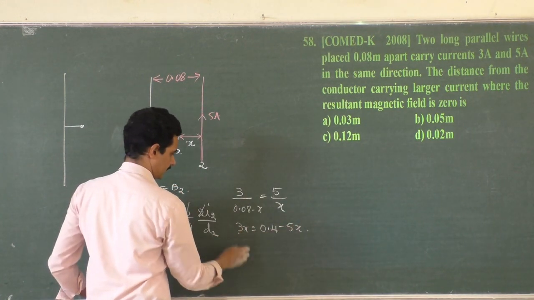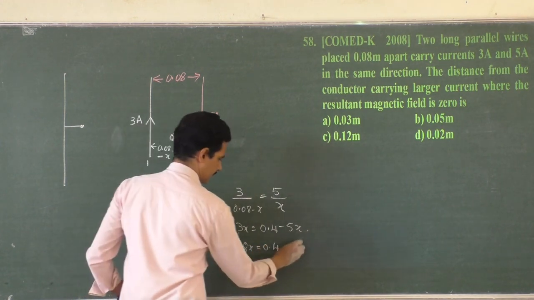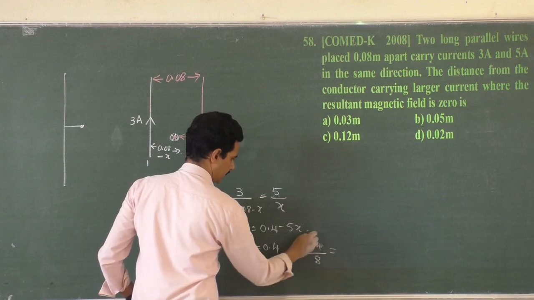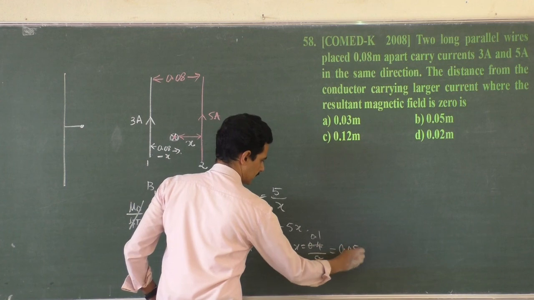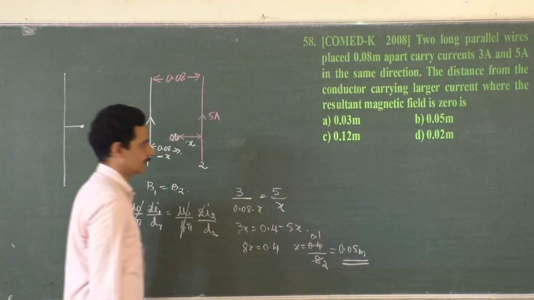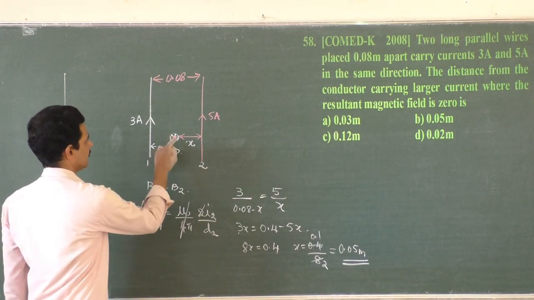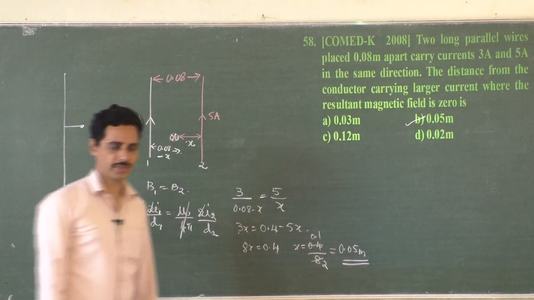Bring minus 5x here, what you will get? 8x is equal to 0.4 and x is equal to 0.4 by 8, that is equal to 0.05 meters from this conductor, and 0.03 meters from this conductor. From the conductor carrying larger current, it should be 0.05.